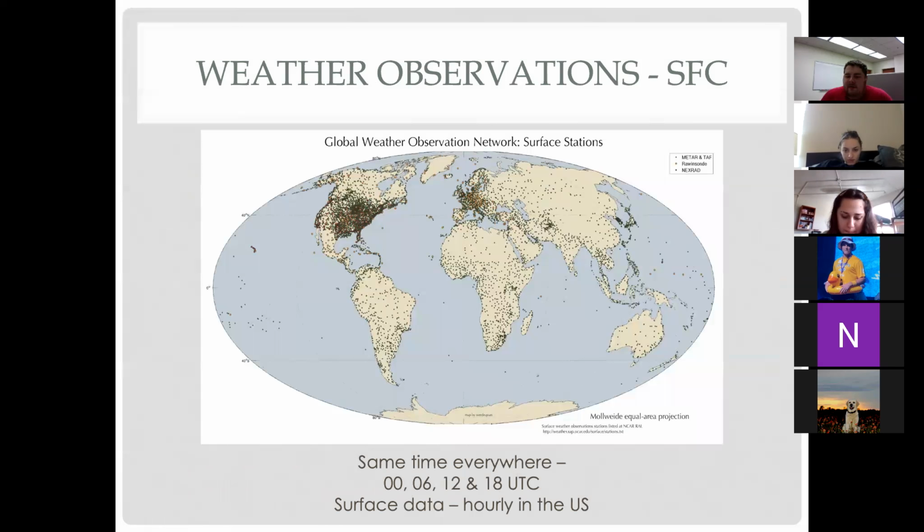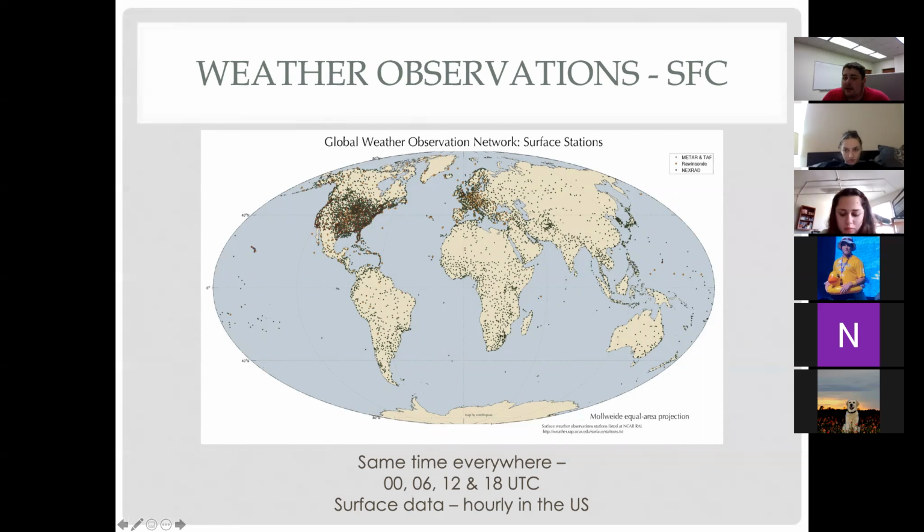All right, next we're going to look at surface maps. We've already talked about this several times this semester. This is the Global Weather Observation Network of surface stations. If you look here, this is a map of the world with dots that represent all of these surface plots.